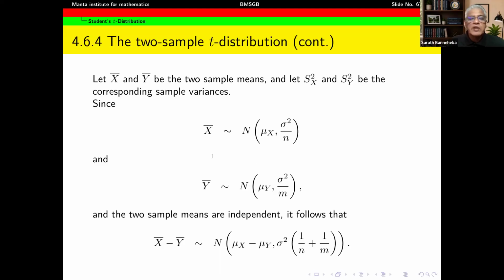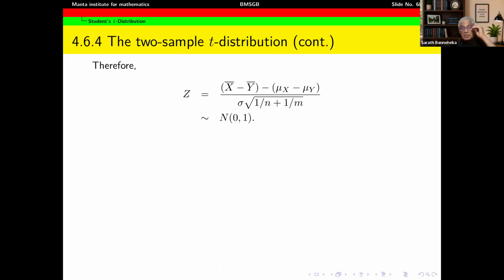And because x bar and y bar are independent, x bar minus y bar will have a normal distribution with mean mu x minus mu y. The variance will be equal to the sum of these two variances, and therefore we can write it as sigma square times 1 over n plus 1 over m, plus, not the minus.